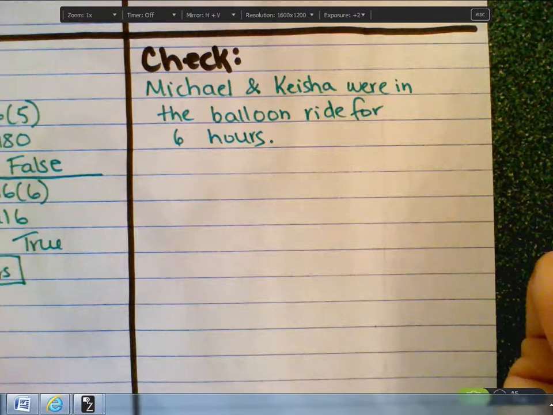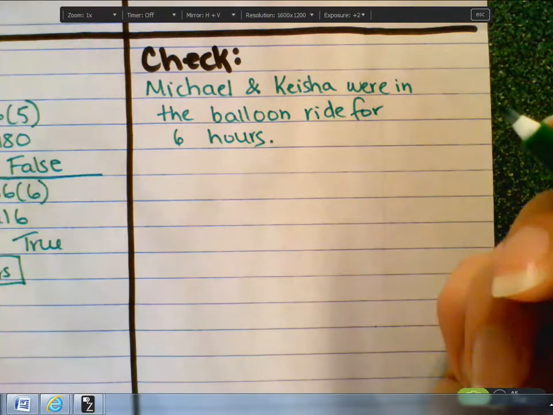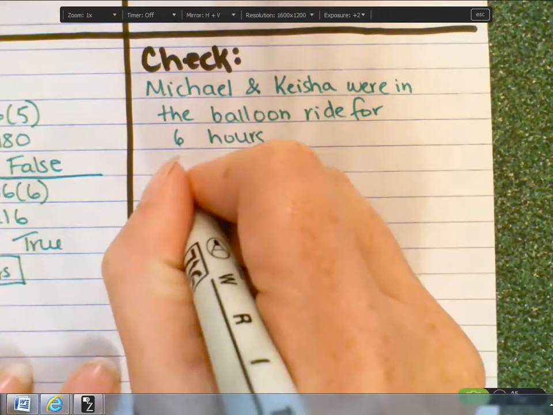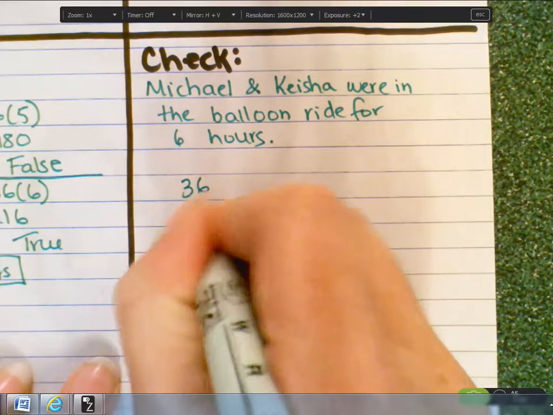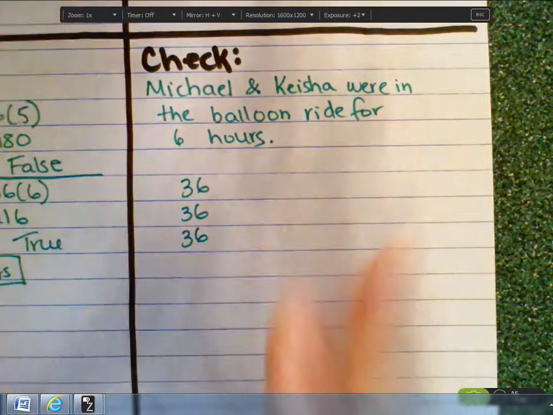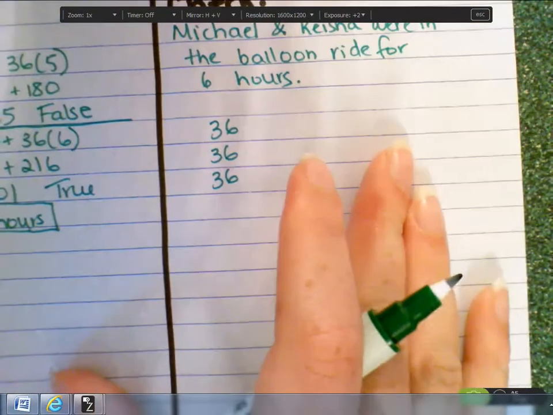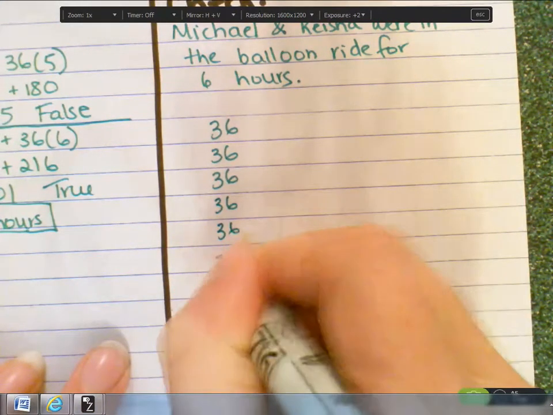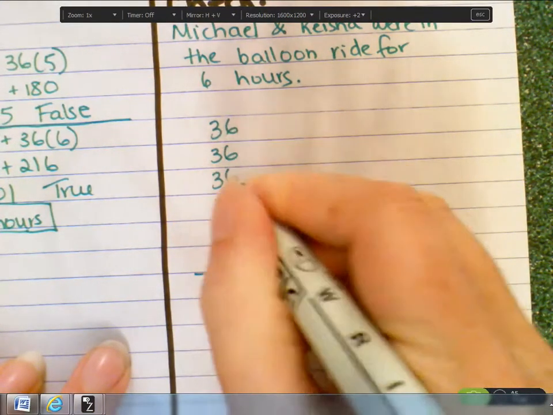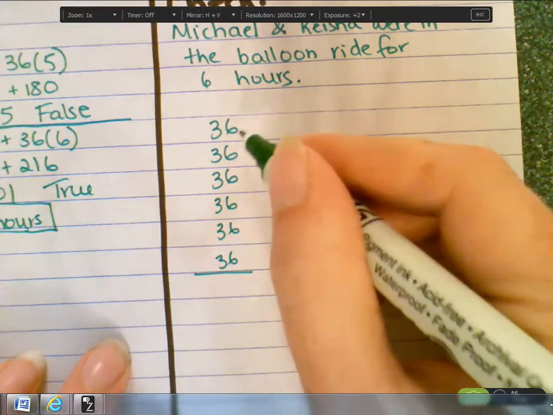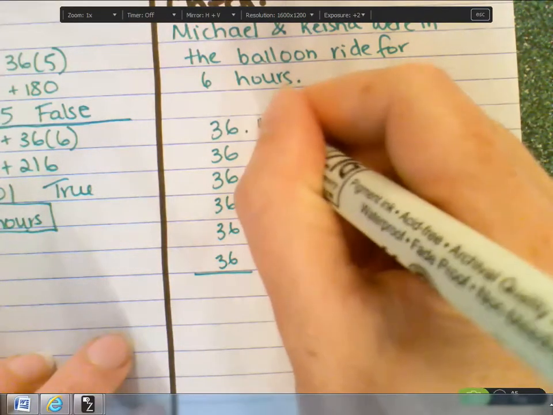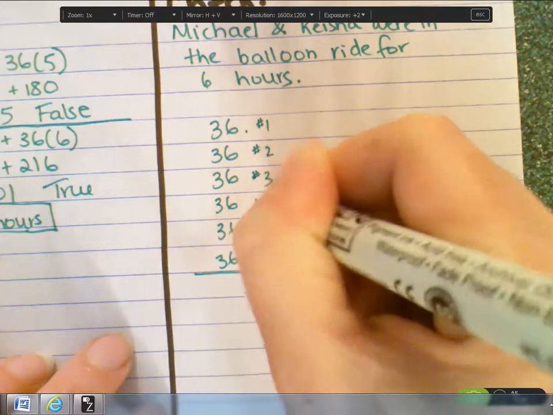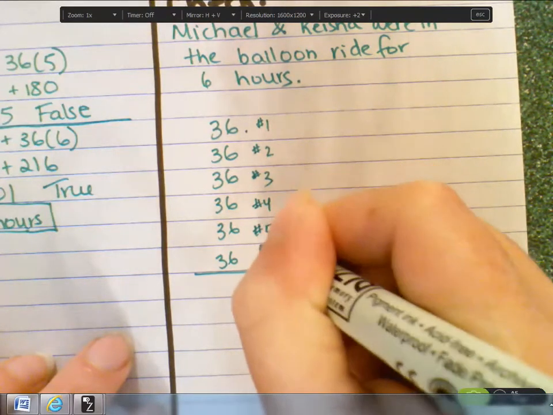So I'm going to say okay, maybe I'll solve it in a different way. So I'll maybe add up 36 and 6. Okay, so each hour, hour 1, hour 2, hour 3, hour 4, hour 5, hour 6.